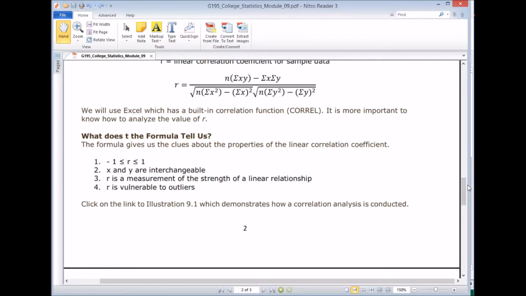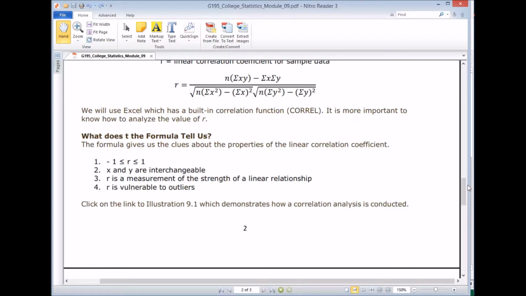The R is always going to be between -1 and 1. So it ranges from -1 to +1. The order of x and y doesn't really matter, so it doesn't matter which one you signify as x and which one you signify as y.